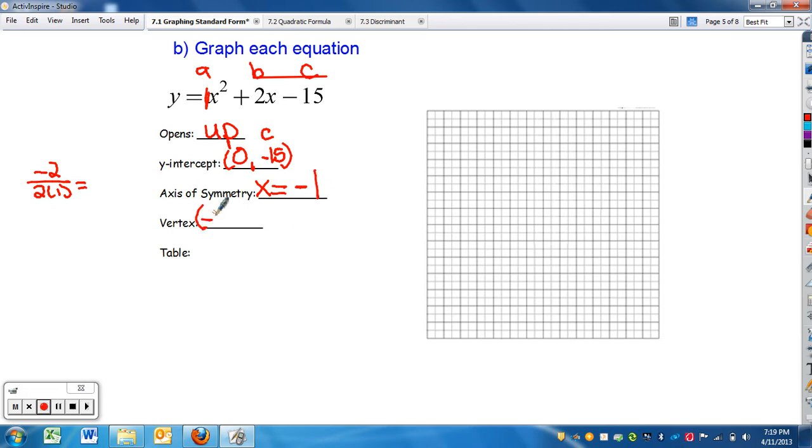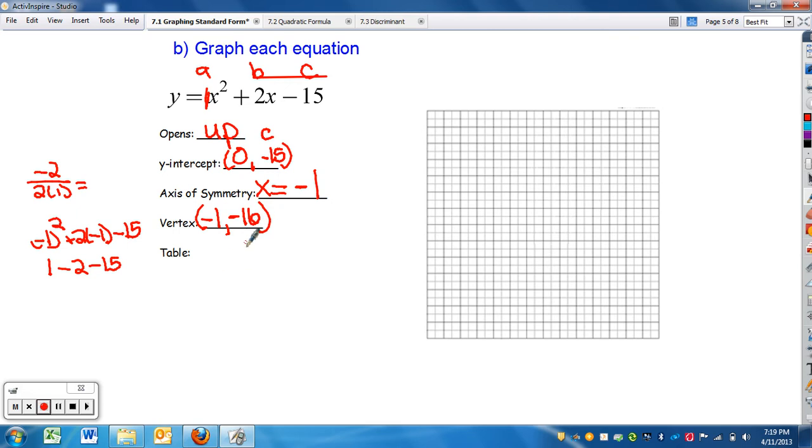My vertex is going to be at negative 1, and then I plug in my negative 1 for x, so I get negative 1 squared plus 2 times negative 1 minus 15. So you get 1 minus 2 minus 15. Negative 1 minus 15 is negative 16.